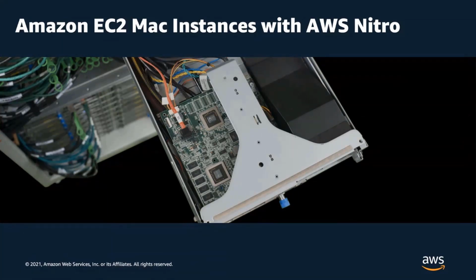What the AWS Nitro system also gives customers is the things Manish mentioned in the previous slide, which is that the Nitro cards actually emulate storage, they emulate networking, and they actually let customers launch an instance.